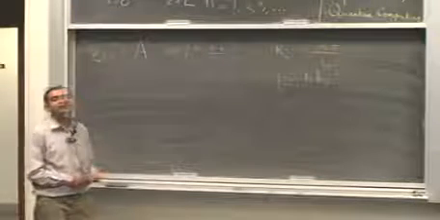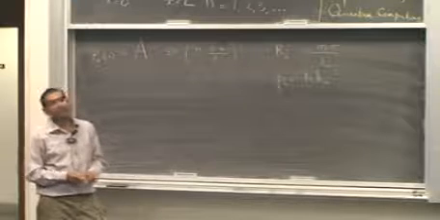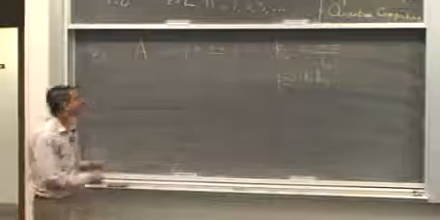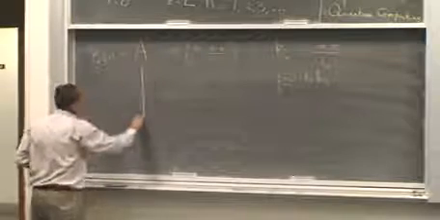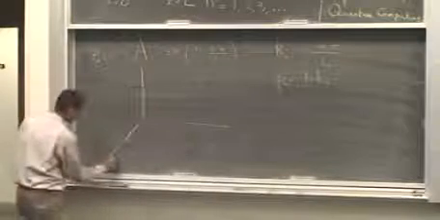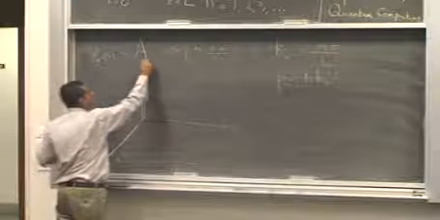Now let's extend this problem to 3 dimensions and see how we can solve the Schrodinger equation in 3 dimensions with a simple example. Suppose these are our axes, x, y and z.